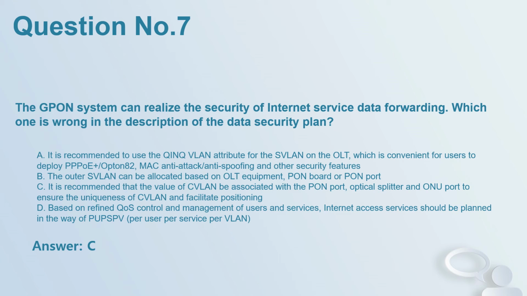B. The outer SVLAN can be allocated based on OLT equipment, PON board or PON port. C. It is recommended that the value of CVLAN be associated with the PON port, optical splitter and ONU port to ensure the uniqueness of CVLAN and facilitate positioning. D. Based on refined QoS control and management of users and services, Internet access services should be planned in the way of PUPSPV, per user per service per VLAN. Answer C.